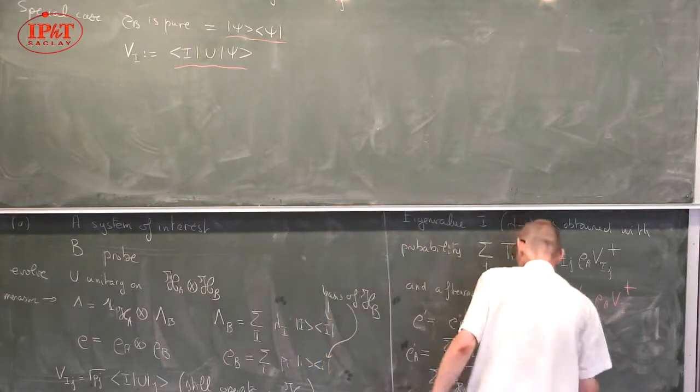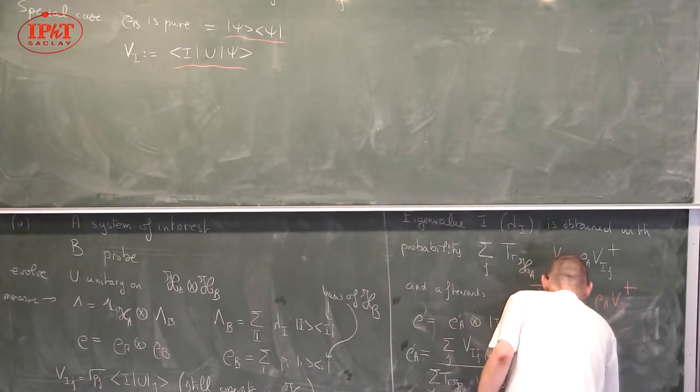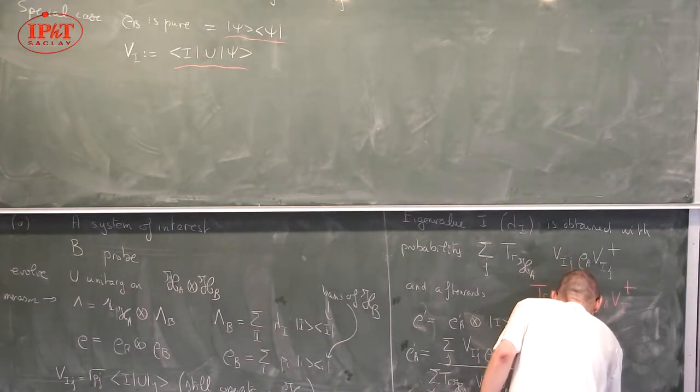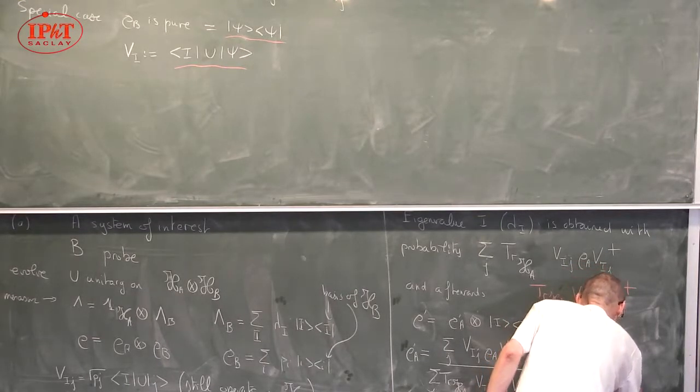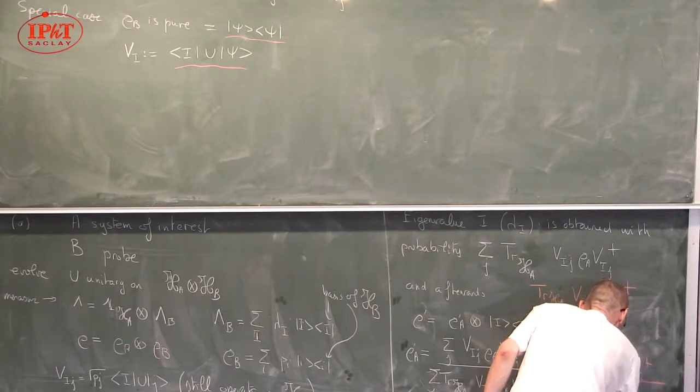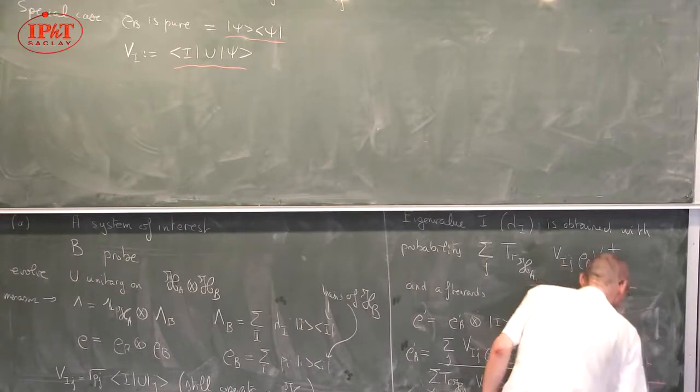This would become rho prime A equals V_i rho A V_i dagger divided by trace of V_i rho A V_i dagger.